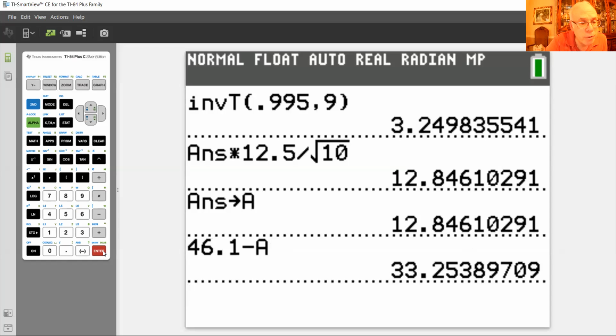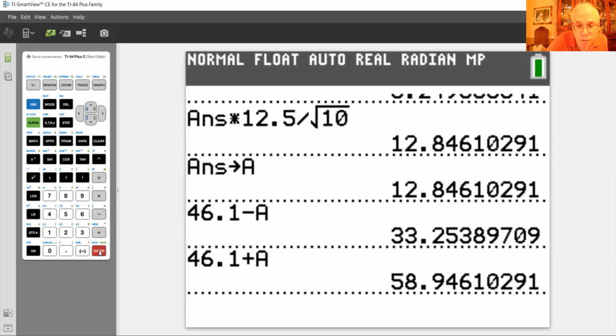We're on 3 decimal places. And then I do 46.1 and add the margin of error, and I get my upper end, 58.946. So 33.254 on the lower end, 58.946 on the upper end.